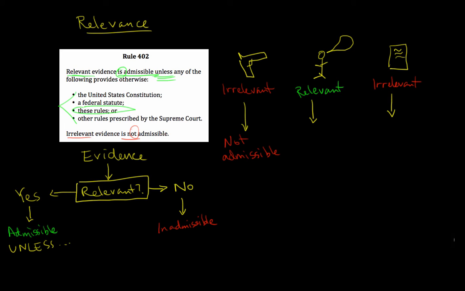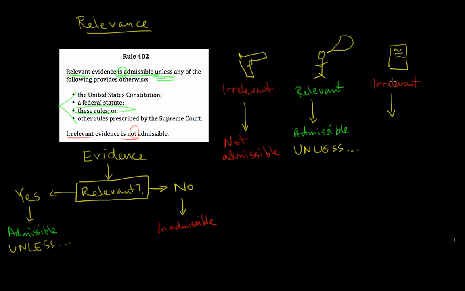So for now, our presumption is that the testimony is admissible because it made it through our relevance gateway. And we don't know yet about how any of these other things might make it inadmissible. But nevertheless, let's put our little caveat here. It's admissible unless we later on find out that one of these things makes it inadmissible.